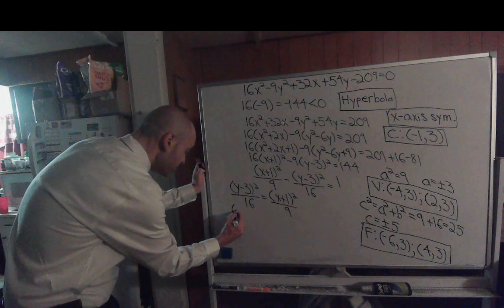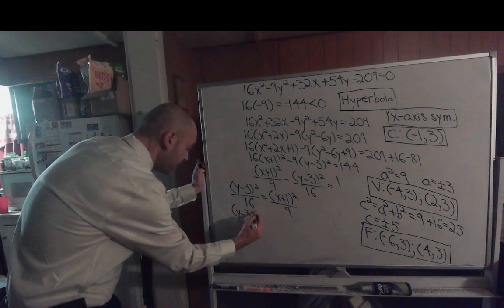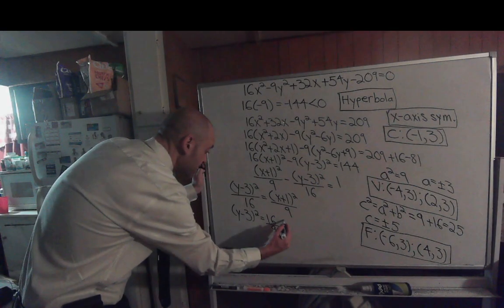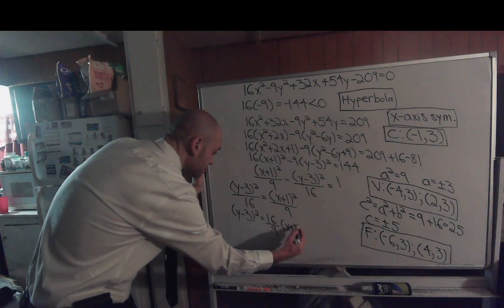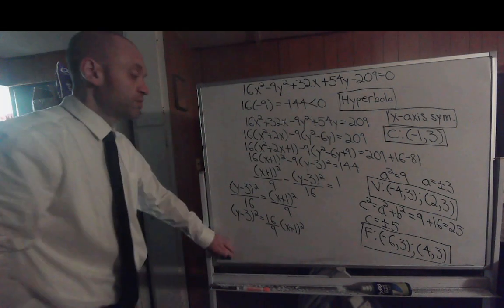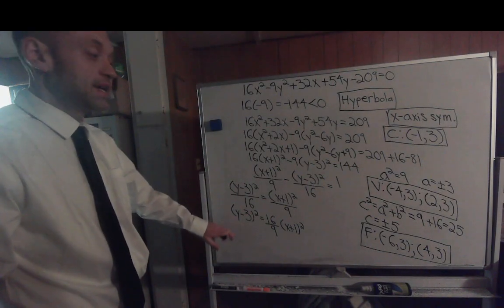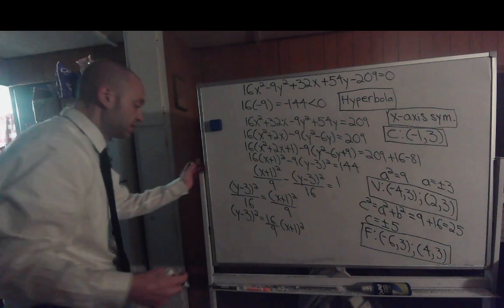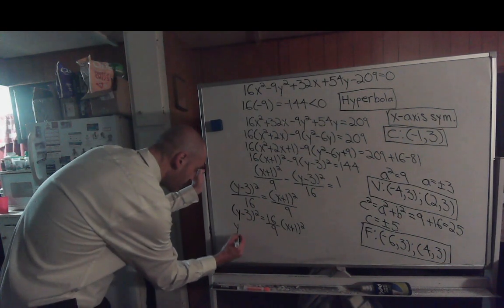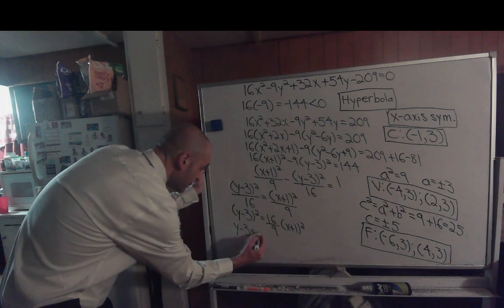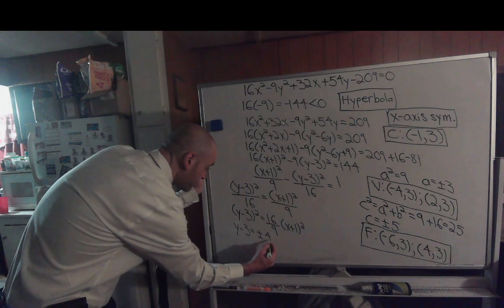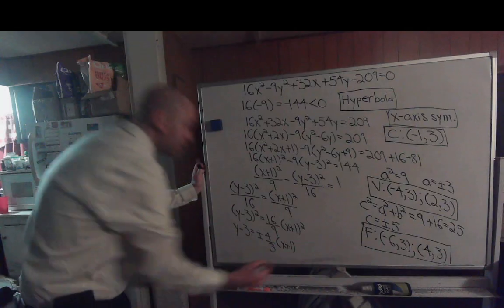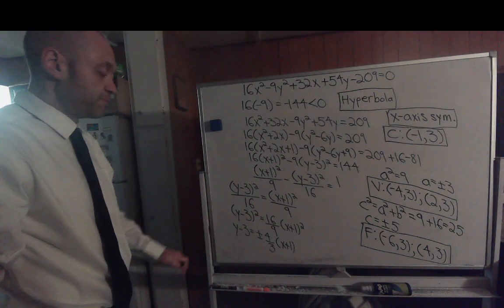Well, this turns into y minus 3 squared equals 16/9 times the quantity x plus 1 squared, because remember, the ultimate goal is to solve for y and get two equations of asymptotes, which will help guide the shape of the hyperbola. So this turns into y minus 3 equals plus and minus 4/3 times x plus 1. That's the native form.